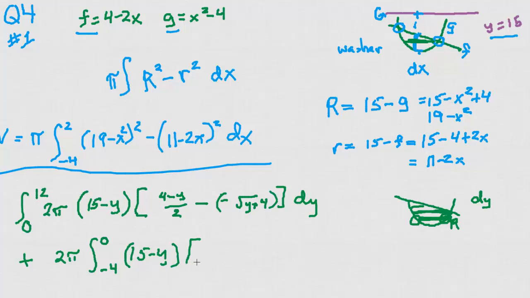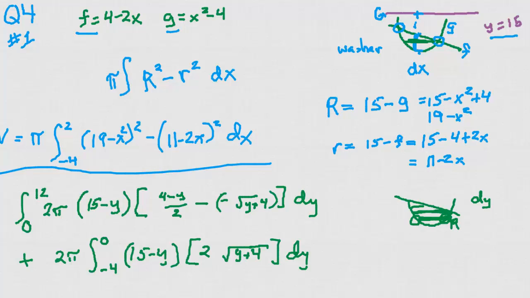Then I'm going to double up, because basically it's going to be the square root minus the negative square root. That's the parabola solved for in terms of y, and dy. That's how I would use it for shells.